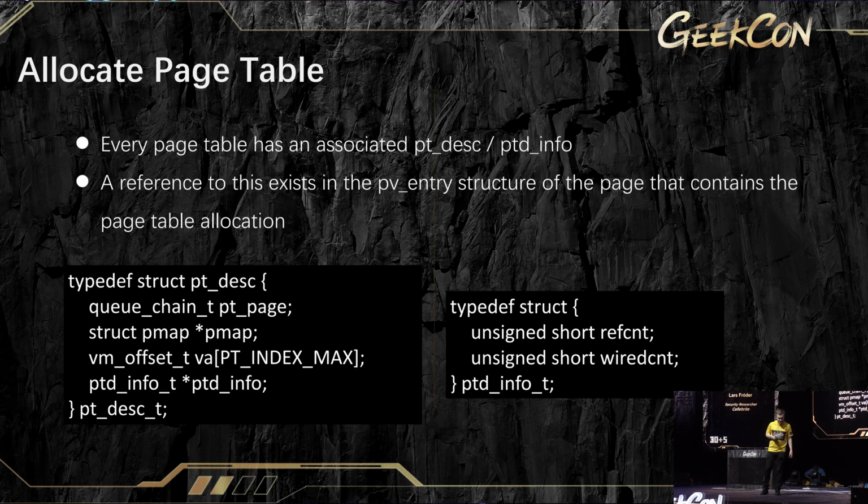For example, the PMAP or the virtual address it represents. But it also contains a reference to the PTD info, and this PTD info has a ref count. And when we talk about allocating a page table, we essentially mean we leak one from the system, and then we reuse it for our own purposes.